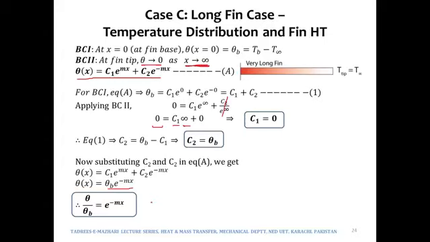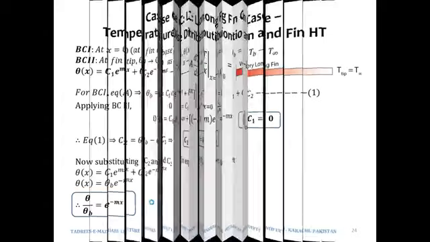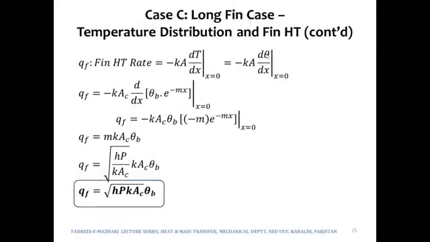And then for the fin heat transfer rate, again it would be minus k Ac d theta by dx, evaluated at the base, at x equal to 0, and theta is theta b e to the power minus mx. The differential of e to the power x is e to the power x, so it would be e to the power minus mx, and then the differential of minus mx would be minus m.